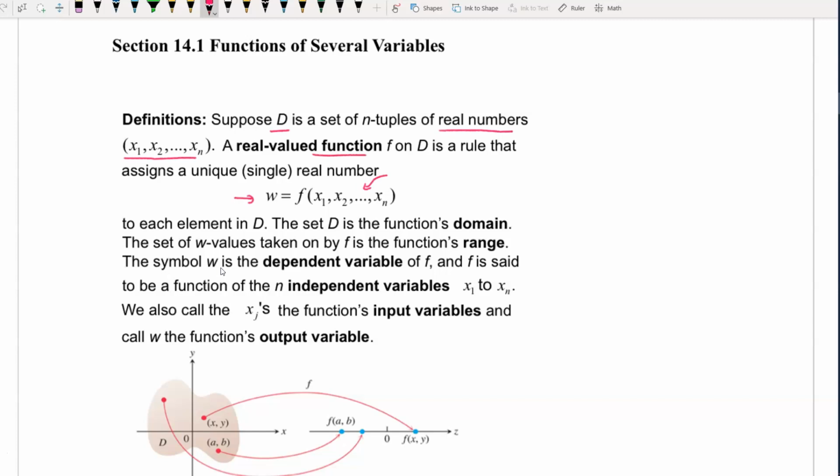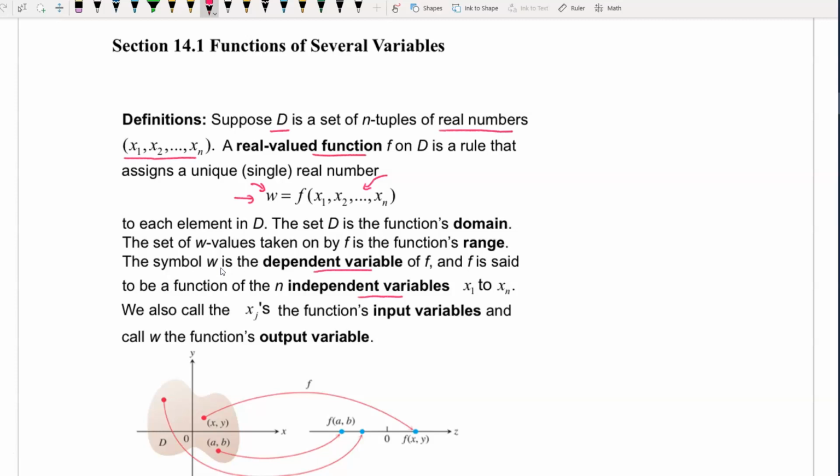So x1, x2 up to xn, this part is the domain, and here it is w, that is our range, or f of x1, x2, xn, this is the range. And w is dependent on f, so dependent on our function, and f is a function of n independent variables, that is from x1 to xn.